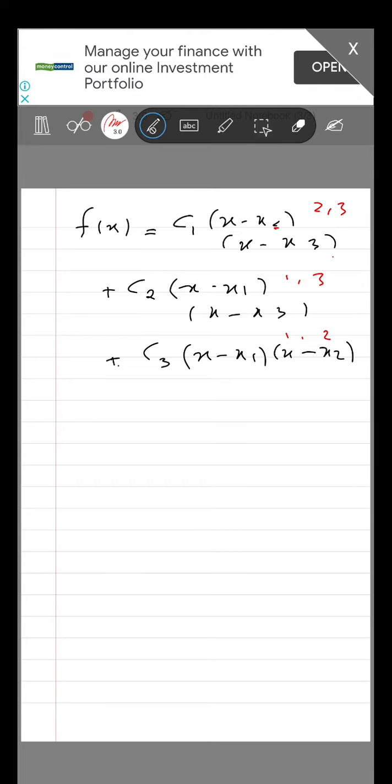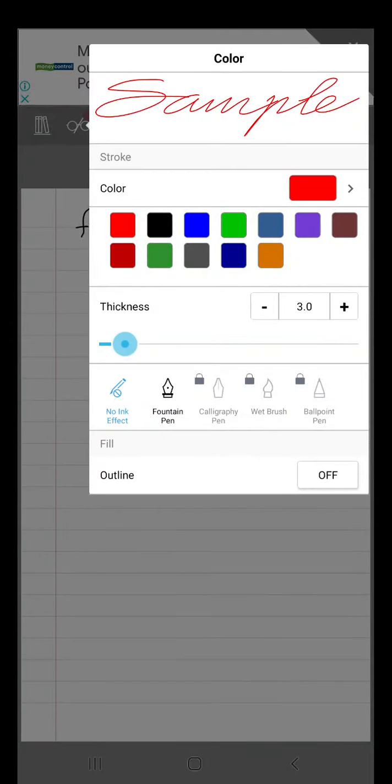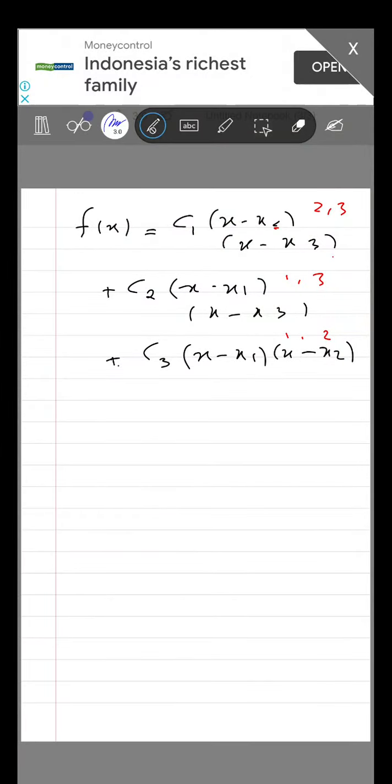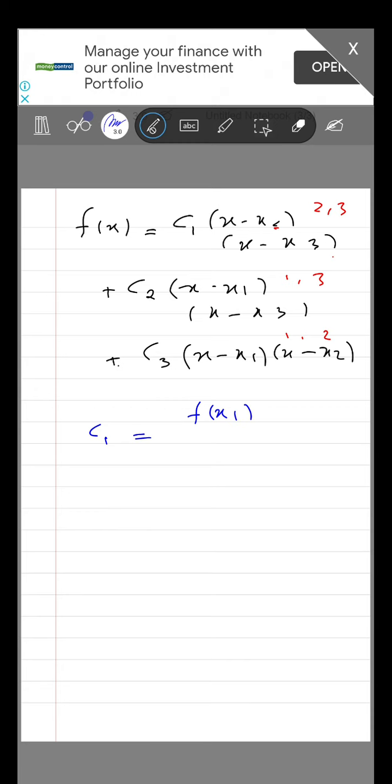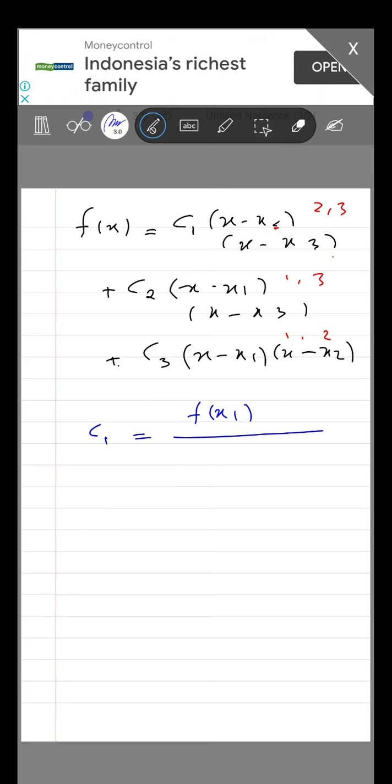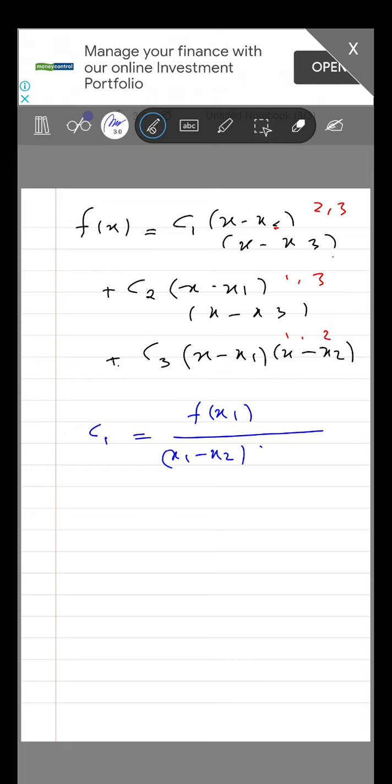Now here the coefficients are represented as c1 equal to f(x1) divided by (x1 minus x2) and (x1 minus x3).